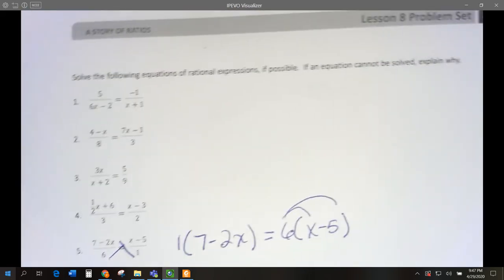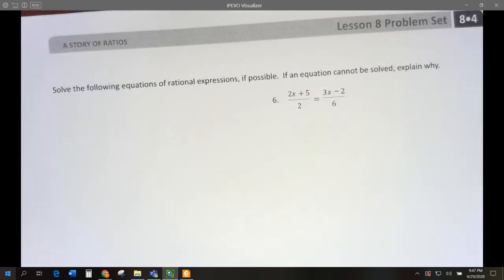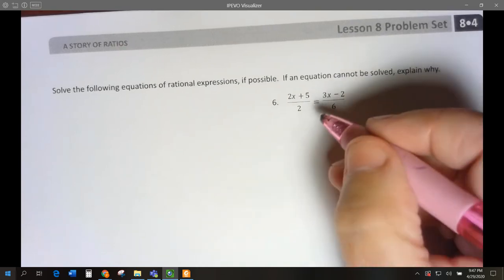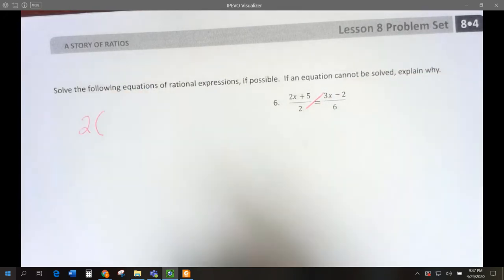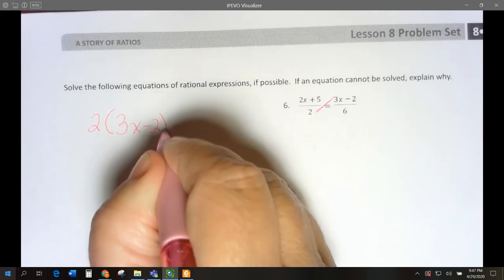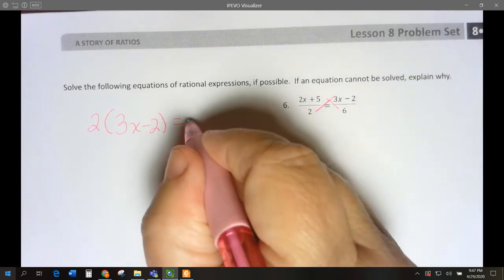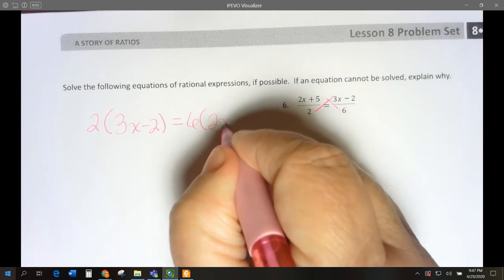Okay, let's go on to number 6. Let's do our cross multiplication. So we're going to have 2 times 3x minus 2 equals 6 times 2x plus 5.